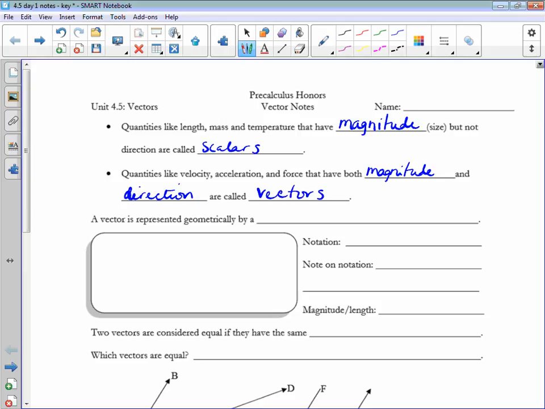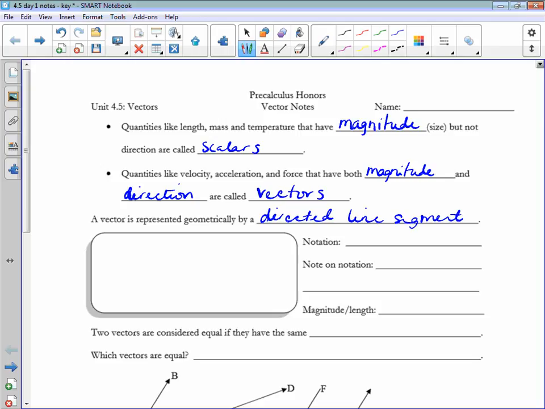So a little bit of geometry in here, but not much. Vectors are represented geometrically by a directed line segment. You can think of it as like a ray, like it's got two ends because it has a specific length, but it looks like it's got a starting point and then an arrow showing the direction that it's going in.